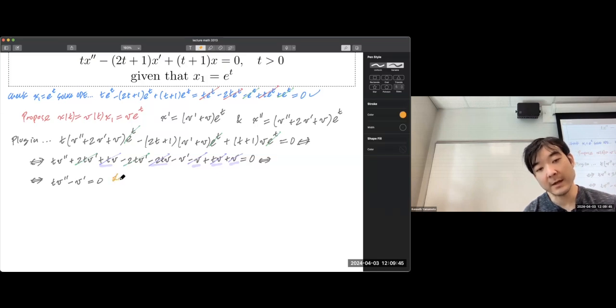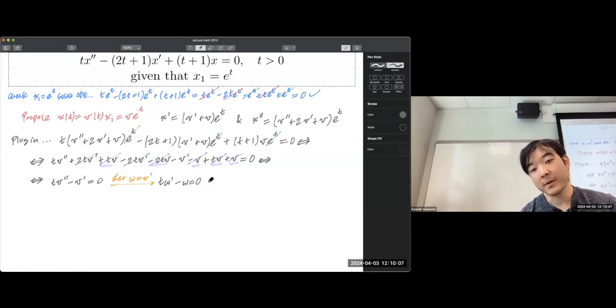We're going to let w be v prime. And if you do that, then you end up getting t w prime minus w is equal to 0.